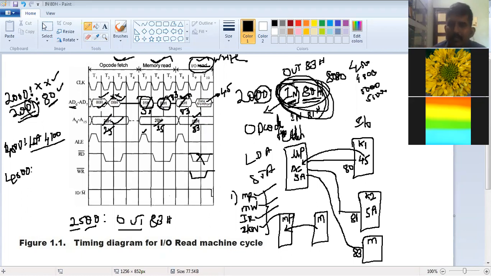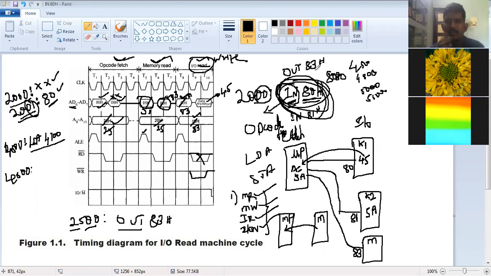Tell me, can you tell me this OUT instruction will complete in how many seconds?